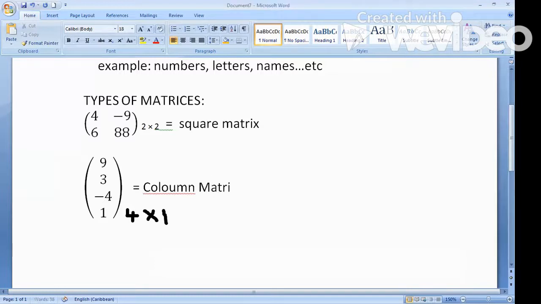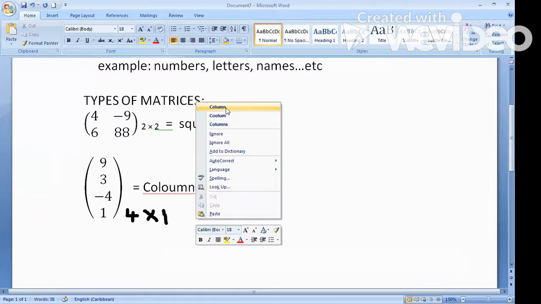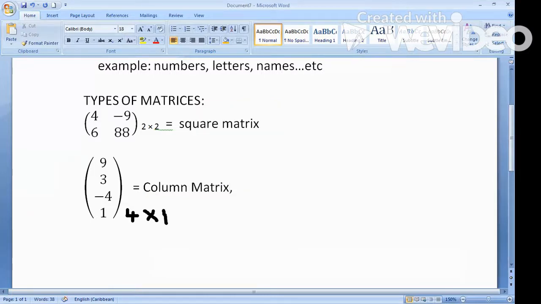Why is it called a column matrix? Because you only have 1 column. So it's called a column matrix because it has 1 column.